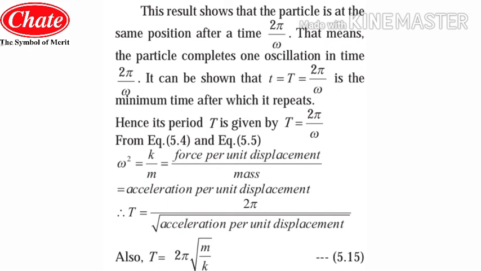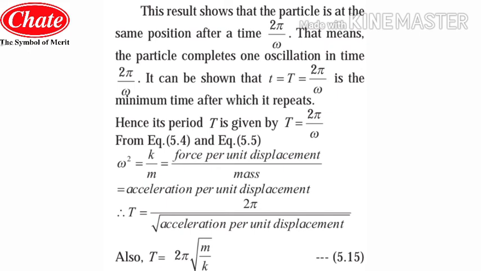Thus we can say omega square, that is k by m, is equal to force per unit displacement upon mass. Here k is the restoring force constant, so the force per unit displacement upon mass is omega square, that is, the acceleration per unit displacement. Now T is equal to 2 pi by the root of acceleration per unit displacement.